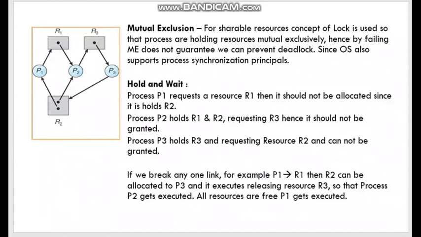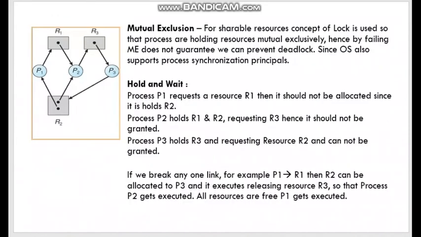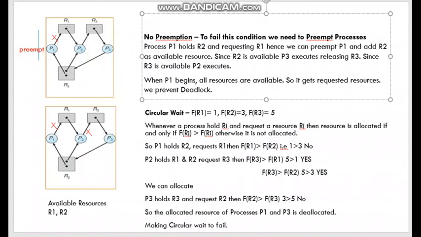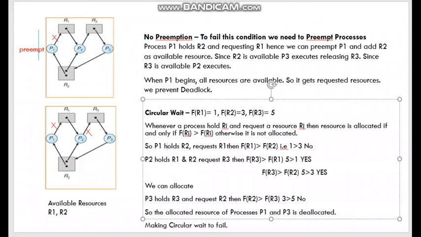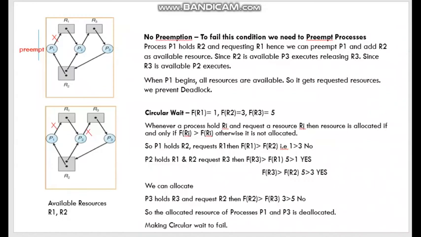If you make hold and wait dissatisfied, there is no need to go for the third and fourth. If the first two conditions cannot be dissatisfied, then we move to no preemption, and if that also cannot be dissatisfied, we move to circular wait. So in at least one of these four cases your system model will dissatisfy one of the conditions, helping us prevent deadlock. That is the deadlock prevention algorithm.